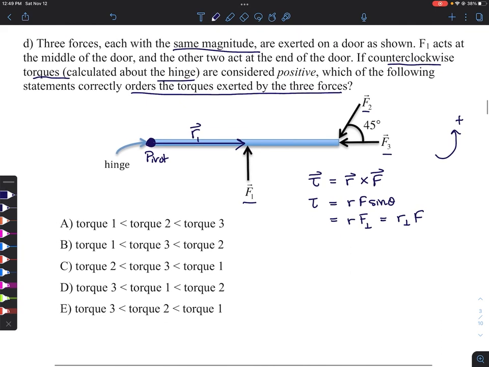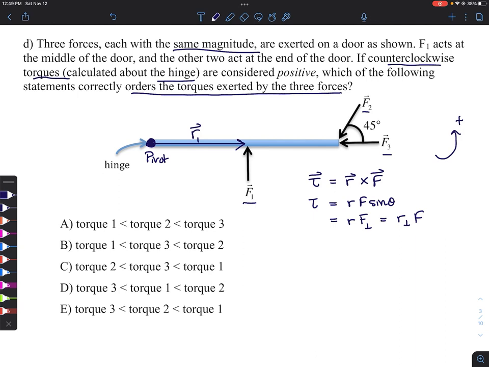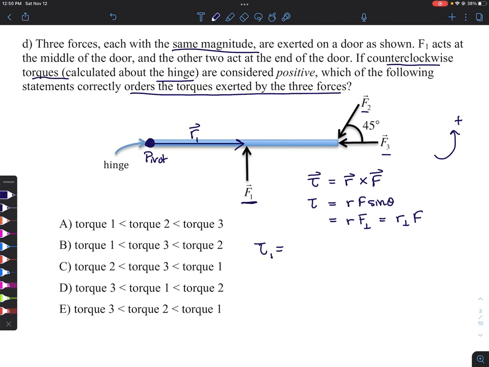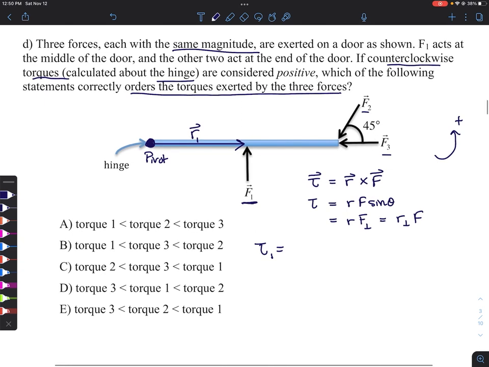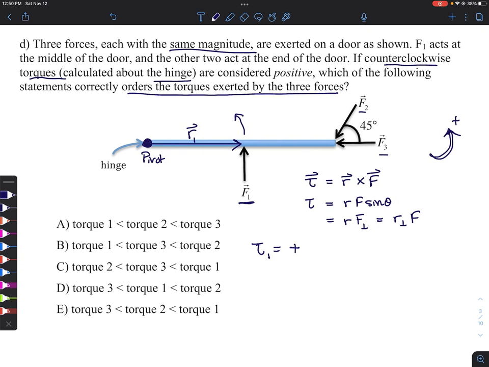Okay, so if we want to compute the torque for force 1, so torque 1, I always ask what's the sign first. So the torque due to F1, F1 would turn the door this way, and that is a positive torque. So we know this is going to be positive. Now what's its R? So the R is going from the pivot over to halfway across this door.